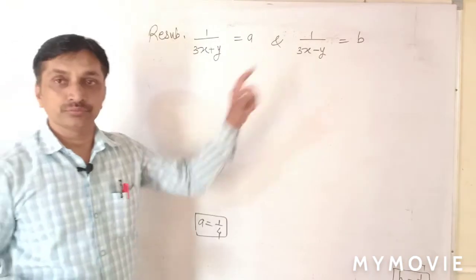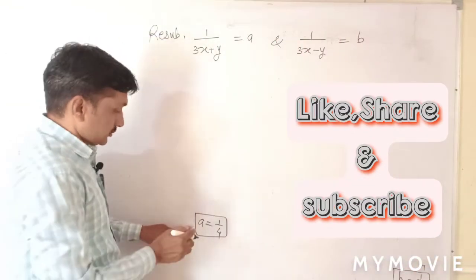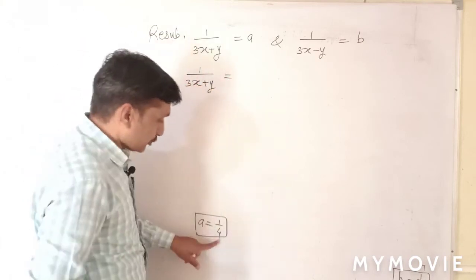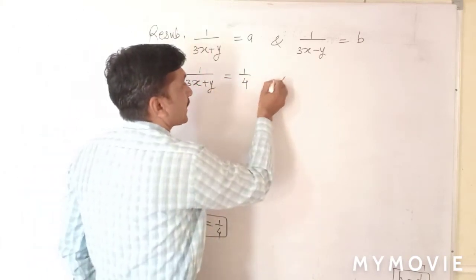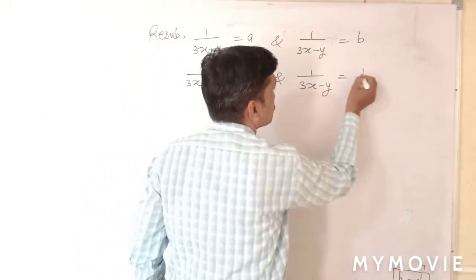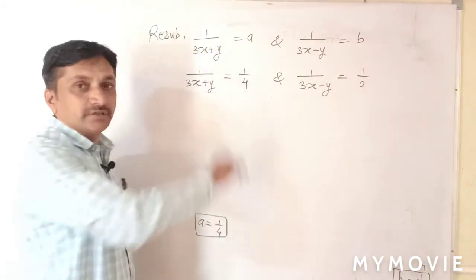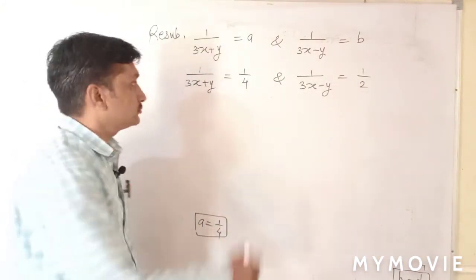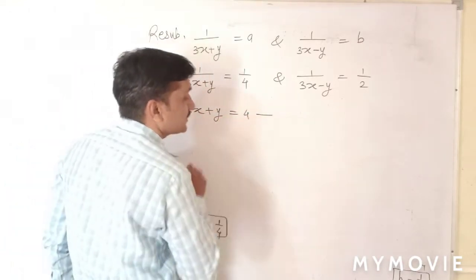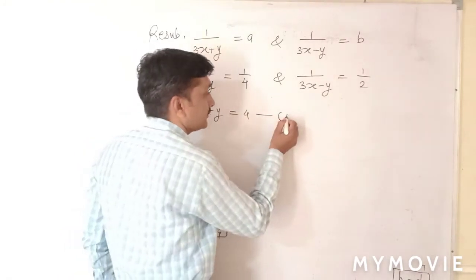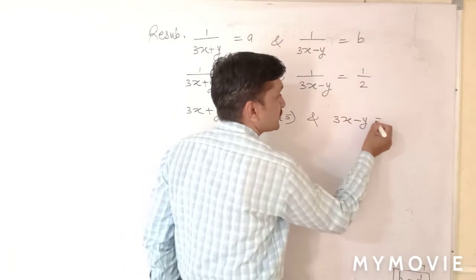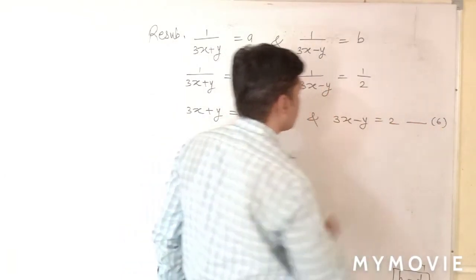Put here the values of a and b. 1 upon 3x plus y is equal to 1 upon 4, and 1 upon 3x minus y is equal to 1 upon 2. Now take the reciprocals, means invert. 3x plus y is equal to 4; I give here equation number 5. Here also invert: 3x minus y is equal to 2. I write here number 6.